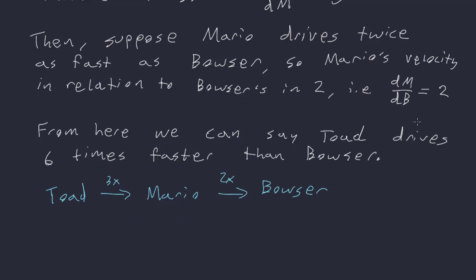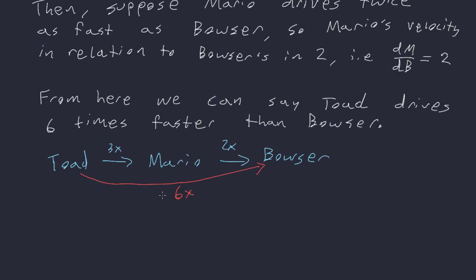So if we jump straight from Toad to Bowser, Toad is going to be 6 times faster than Bowser. So we can say that dt by db is 6, which was, of course, 3 times 2, and the 3 was how fast Toad was in relation to Mario, and times the 2, which was how fast Mario was in terms of Bowser.